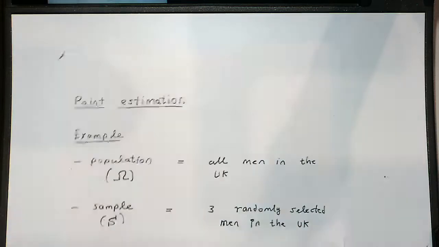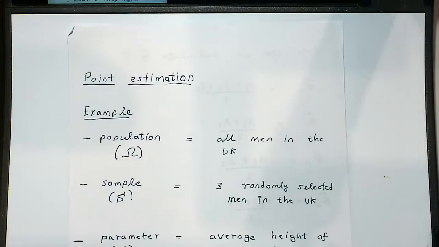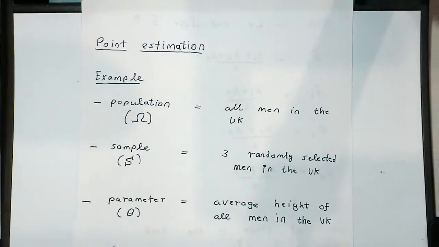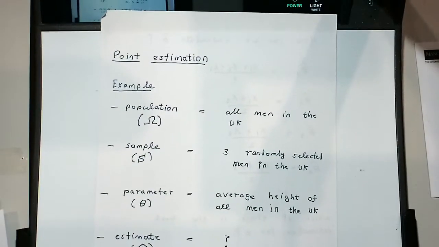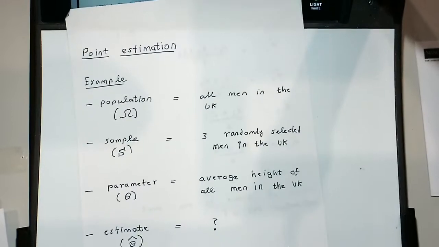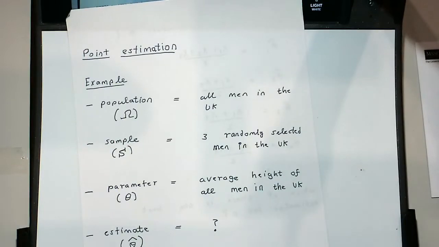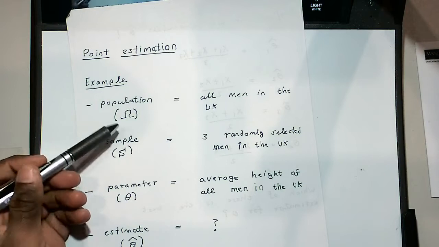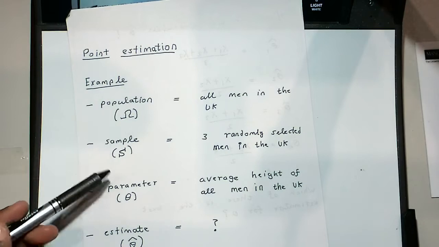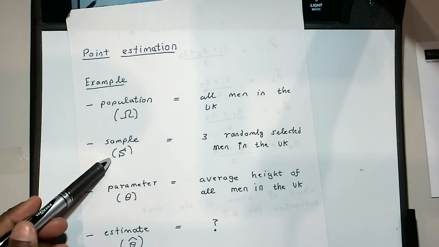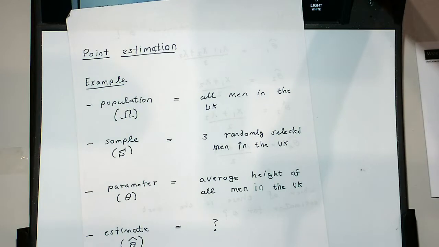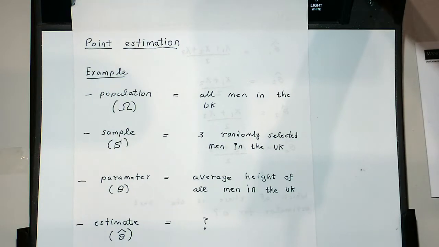So the first thing is, what is point estimation, right? Any problems in statistics requires these 4 elements. So the 4 elements are the population, which is denoted by this letter here, capital omega, the sample, which is capital S, the parameter, usually denoted by theta, and the estimate of the parameter, usually denoted by theta hat.